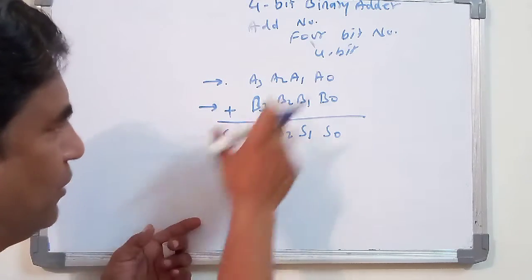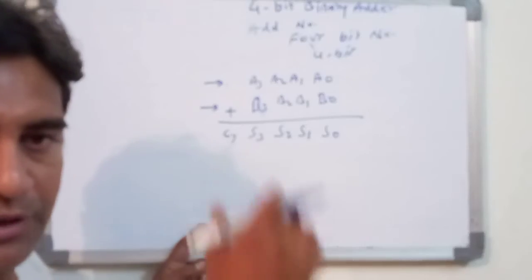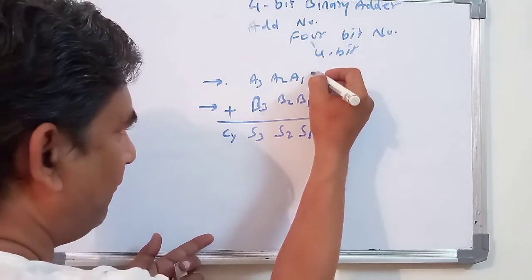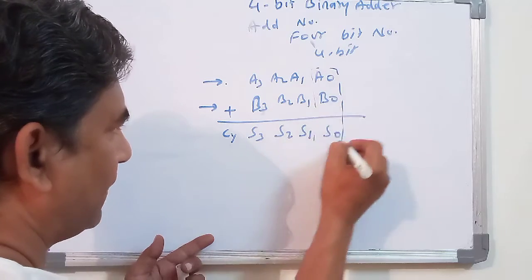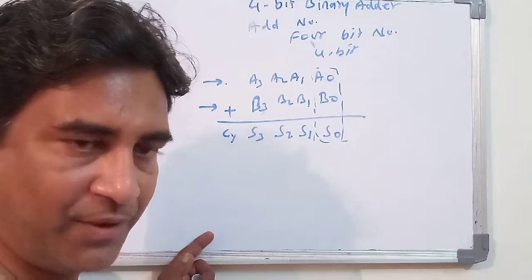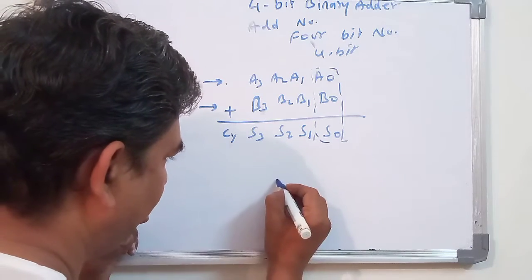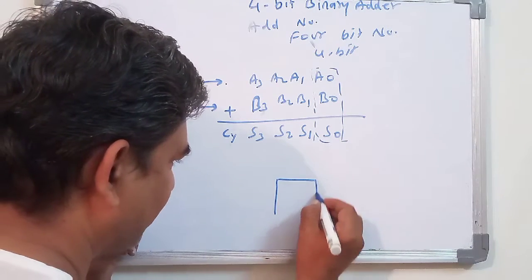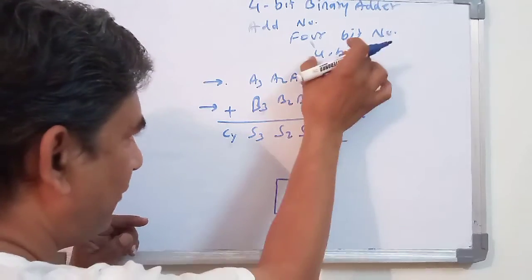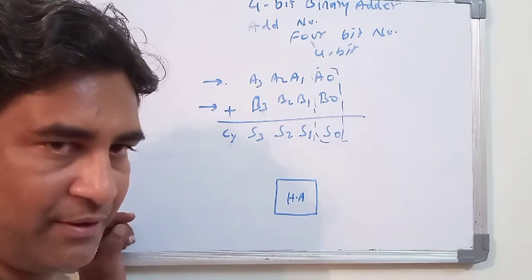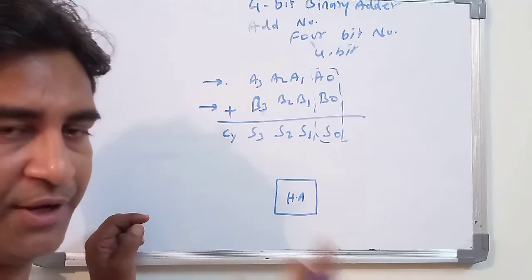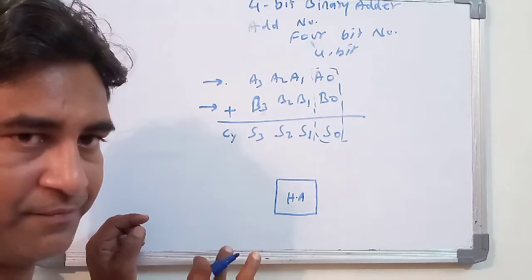Okay, so now we will design the block. How is the block going to be designed? Observe very carefully. For the first bit, whenever the first numbers are to be added, we require a half adder. So you simply draw a block like this and give it the name half adder. Only for the first bit is the half adder required. The rest of the 3 bits will require full adders.